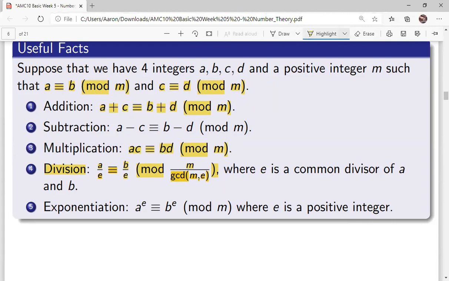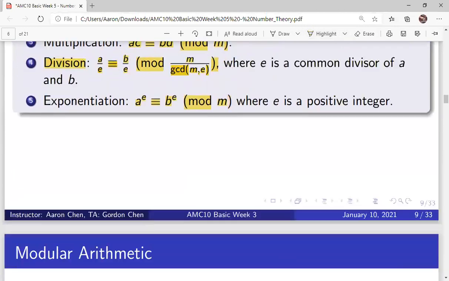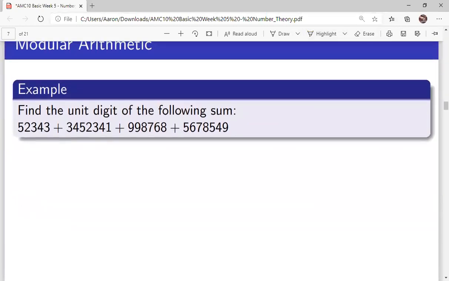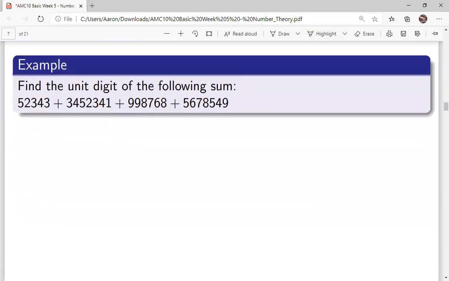And for exponents, it also works just like a normal equation. All right, so here's an example for modular arithmetic. Find the units digit of the sum.